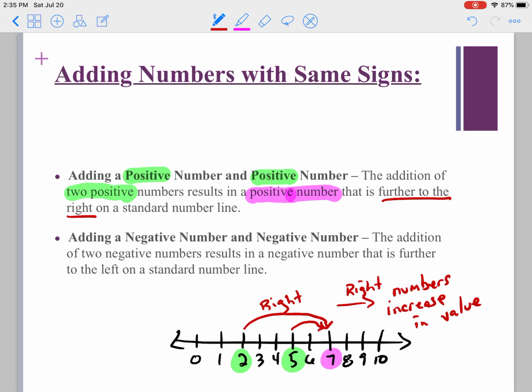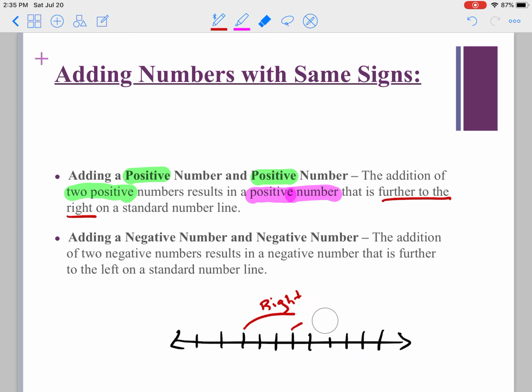Now let's think about what happens if we add a negative number to another negative number. You may already have an idea of what's going to happen here, but we're dealing with negative numbers, so let's put the 0 on this side, -1, -2, -3, -4, -5, -6, -7, -8, -9, and -10.